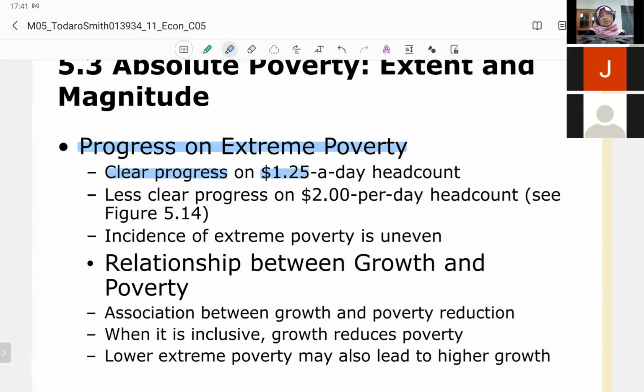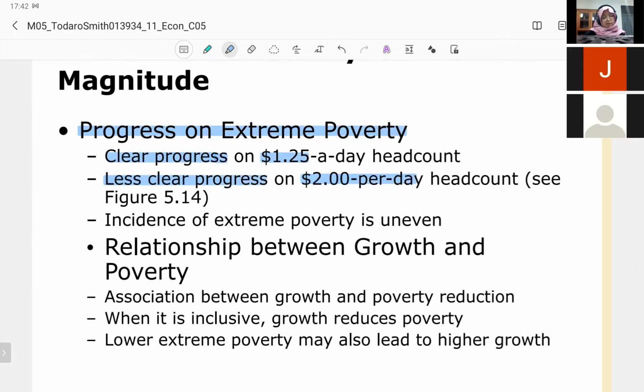So the number of people who live under $1.25 a day now is much lower than it used to be. So there is a clear progress. Meanwhile, with the $2 per day headcount, there is less clear progress. Okay. And then incidence of extreme poverty is uneven.